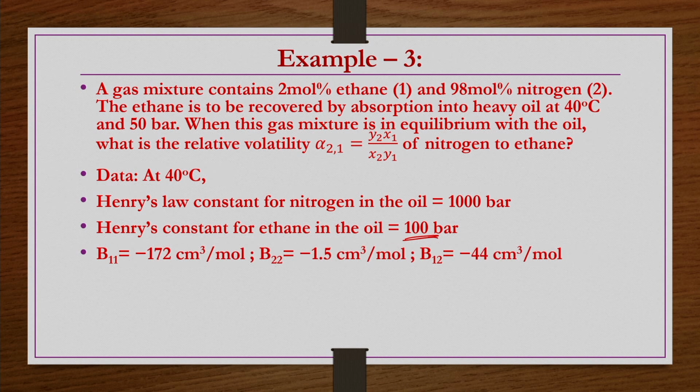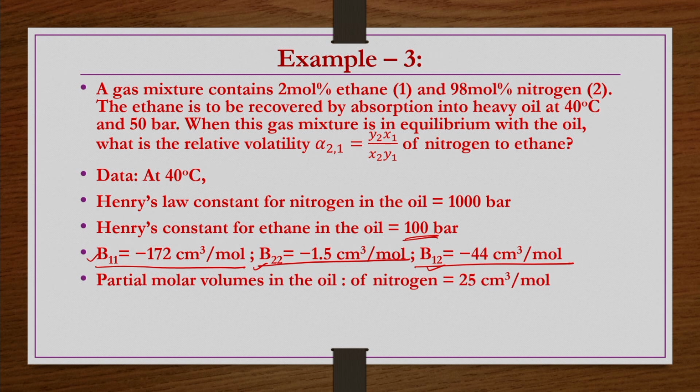It is not mentioned in the problem, but the vapor phase, the gas phase, obeys the virial equation of state. The second virial coefficients for pure component 1, pure component 2, and the cross virial coefficient B12 are provided here.